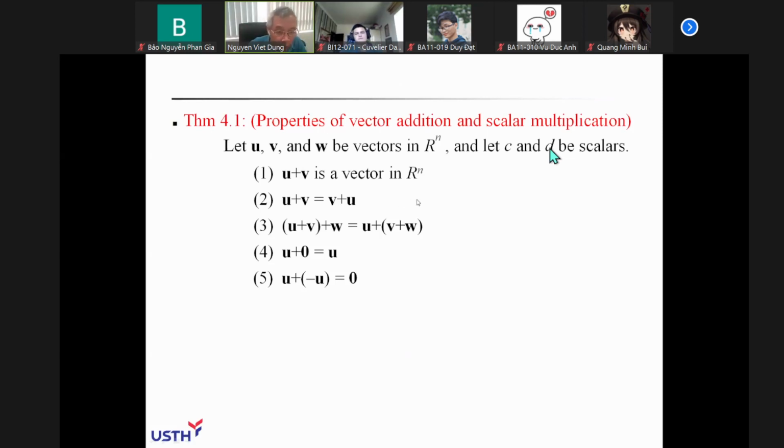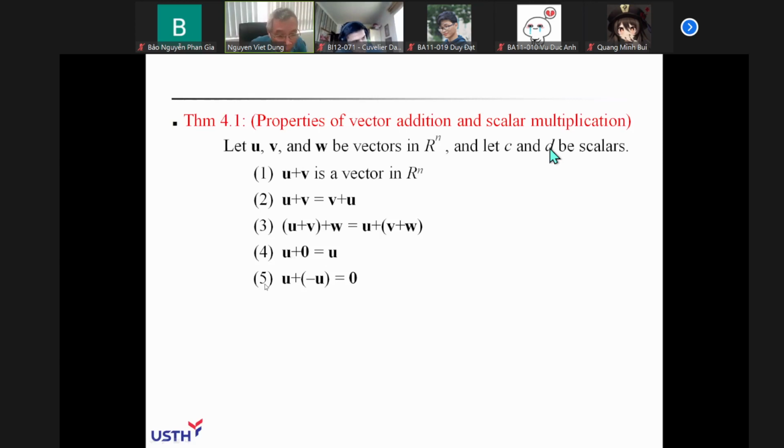The third one says u plus v first and then plus w equals adding v to w first and then adding to u. That is associativity. Number 4 says u plus 0 equals u, meaning if you add the zero vector to u, nothing changes.